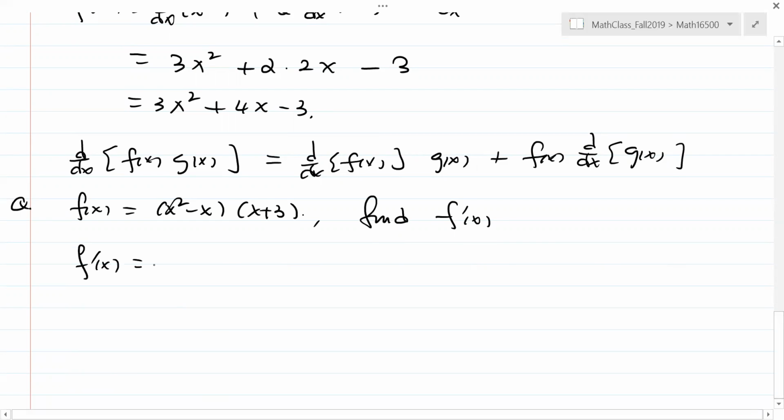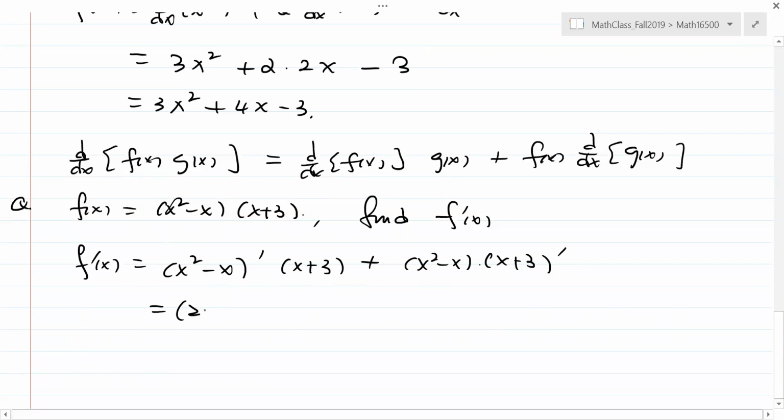Well, by the product rule, you differentiate the first term and copy the second term, then add the first term times the derivative of the second term. The derivative of x squared minus x will be 2x minus 1, and here the derivative of x plus 3 is 1.